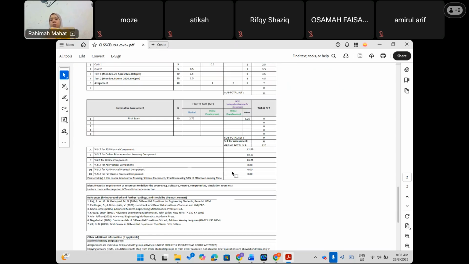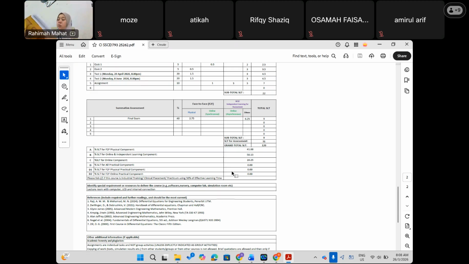These are the references that you may refer to for this subject. Our main reference is this book, Differential Equation, from Penerbit UTM. Maybe you can buy it, but I will confirm with you later about this book.